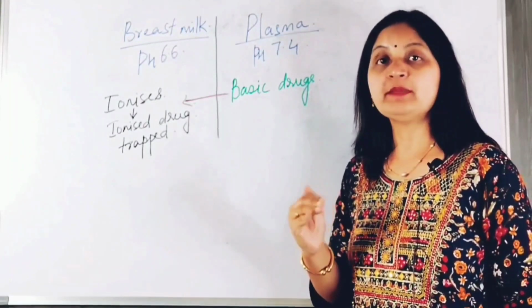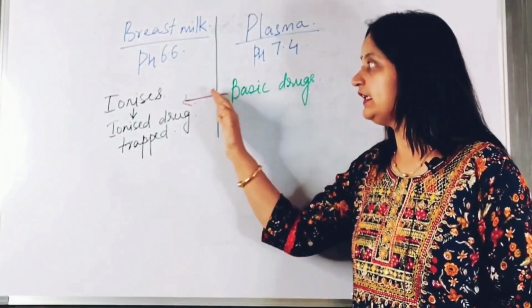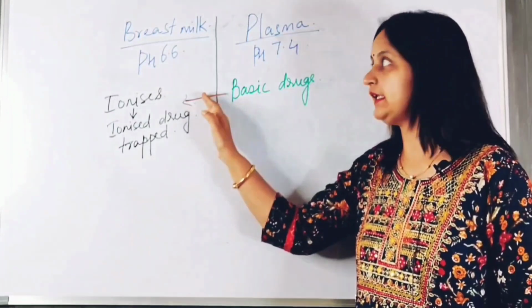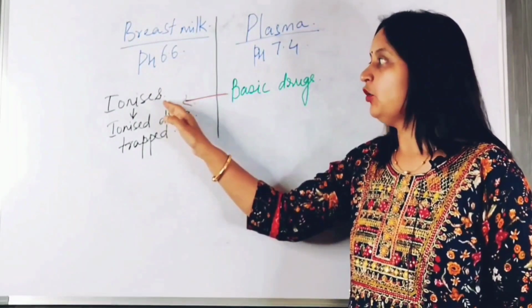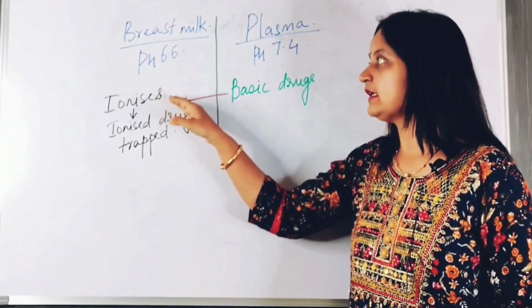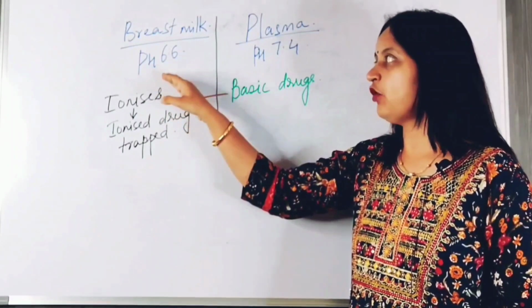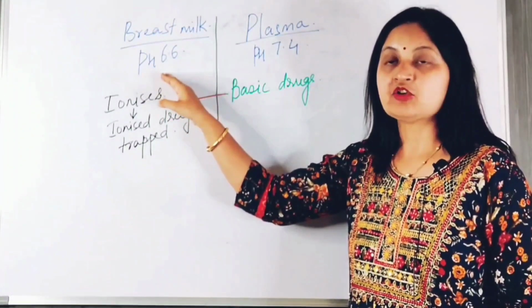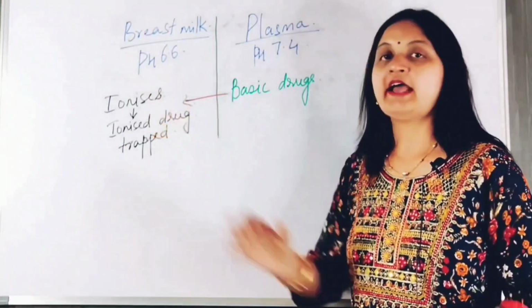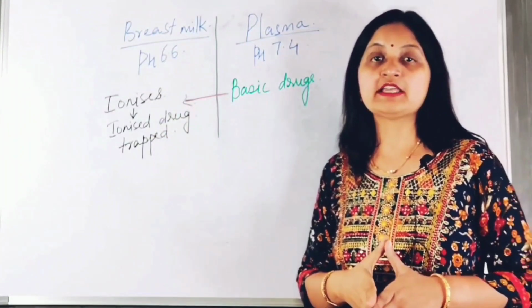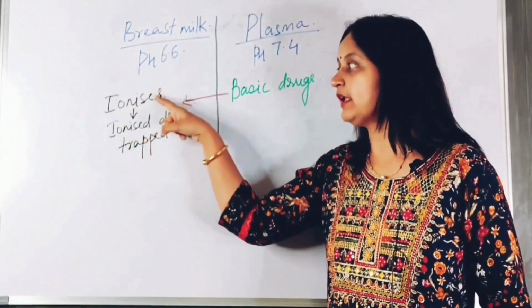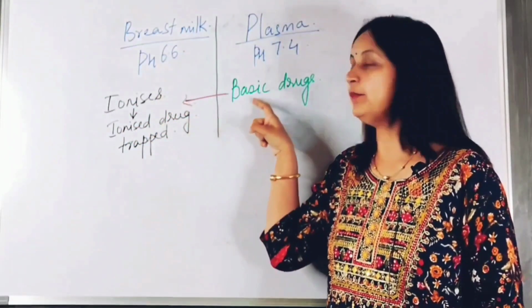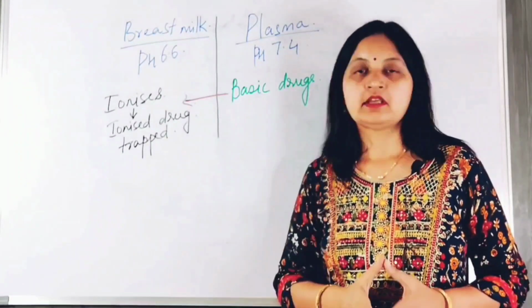So since it is more lipid soluble, it can easily diffuse through the mammary epithelium and accumulates in the breast milk. When it reaches the breast milk, the pH is 6.4, it is relatively acidic. So it ionizes, and the ionized form of the drug is non-lipid soluble. It gets trapped in the breast milk and is not reabsorbed back into the plasma.